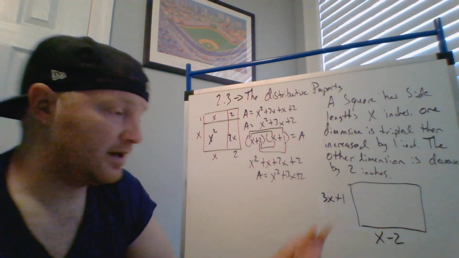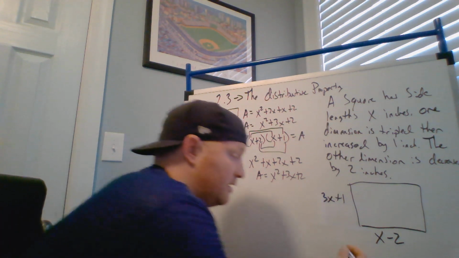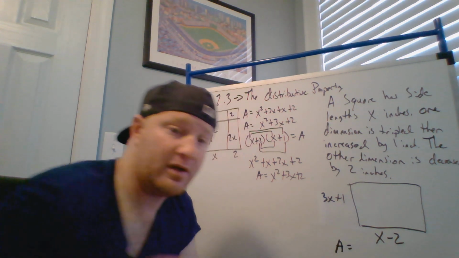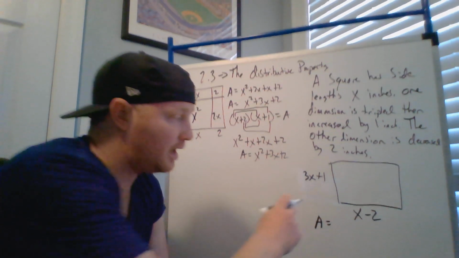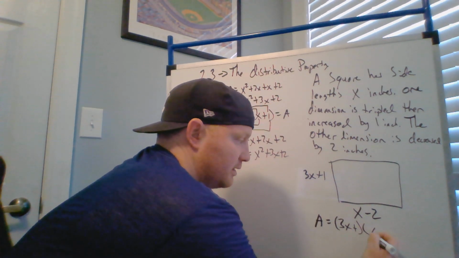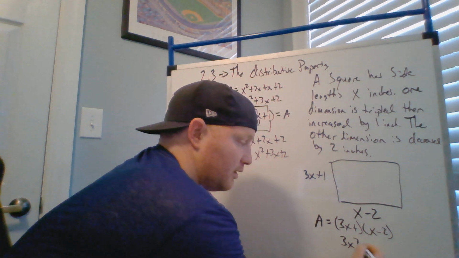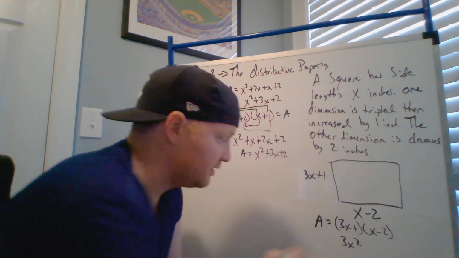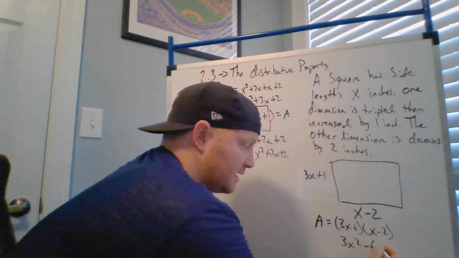Now, again, I want to figure out an expression or find the area of this. So I would simply just do, we all see this, probably not. You're going to do 3x plus 1 times x minus 2, which again, FOIL, 3x squared, you'll see this, yes. 3x squared minus this times this is minus 6x.